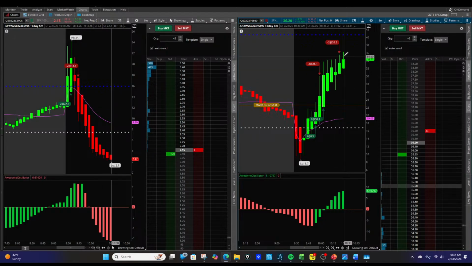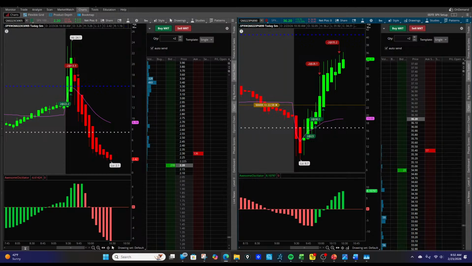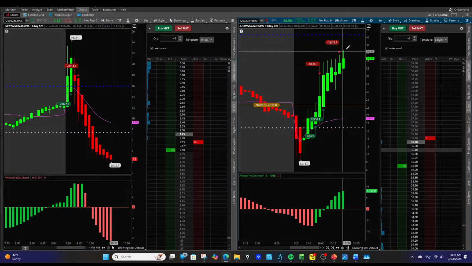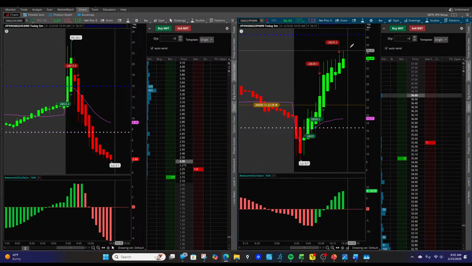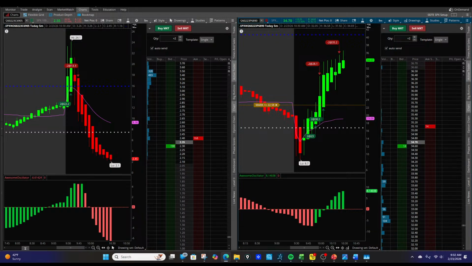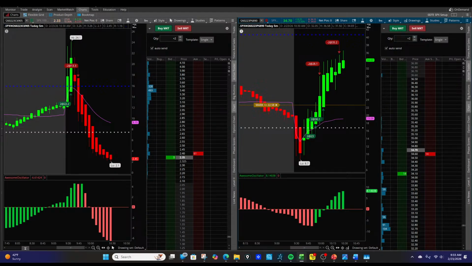Okay, this one is continuing to rise because we keep having those lines, the wicks keep continuing to go beyond each other as it goes up. 34.70. I'm going to plot one of these.